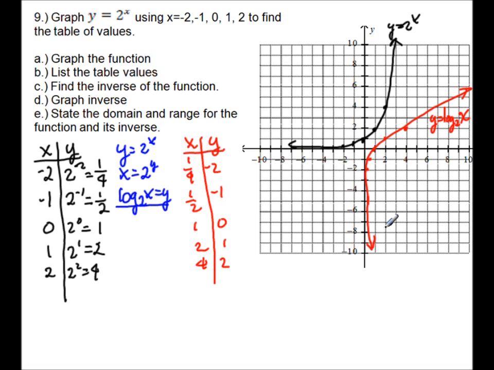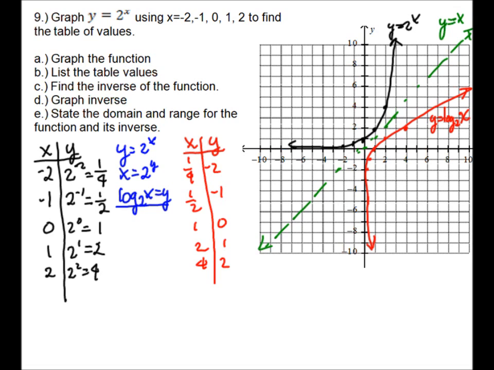Alright, so now we can also put in our y equals x. We know we have a line that goes through here. It's not an actual line, but we know that our two functions are reflected over y equals x. So it's always a nice idea to show it.